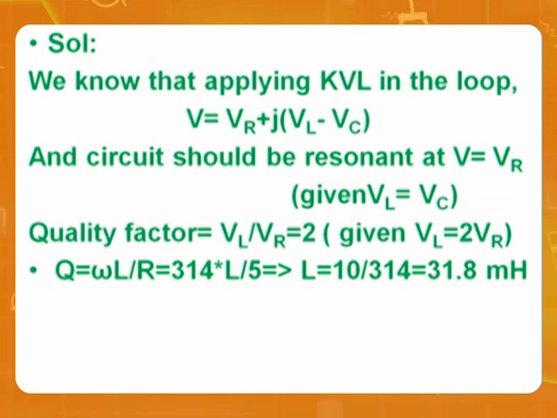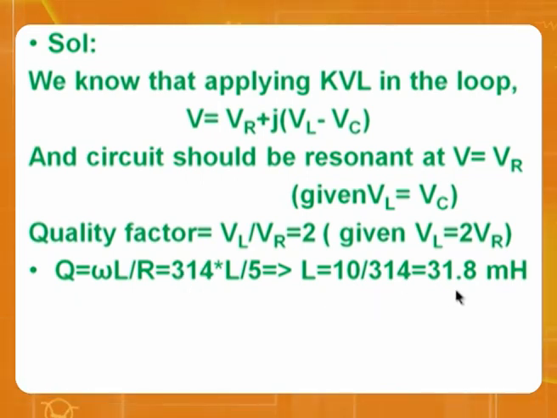50. So if you calculate that way, apply KVL, VR plus JL and all that, and resonance means this should be 0. Then as I told you, the quality factor is VL by VR, omega L by R, the omega cancels, that is 2. So quality factor is 2 means what? 2 is equal to omega L by R. Calculate this.